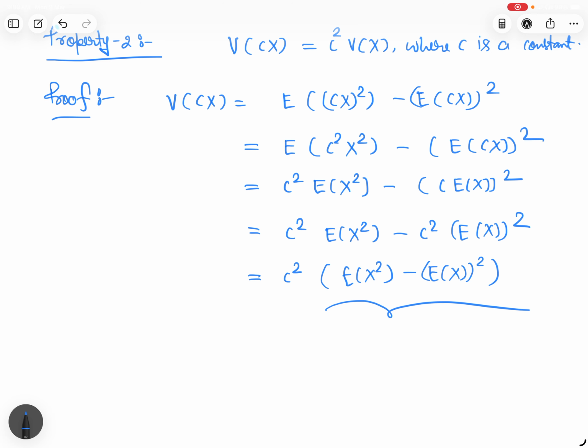Tell me what is this? This is the variance of x. This is the formula for variance of x. So C square Vx. So we have shown it.